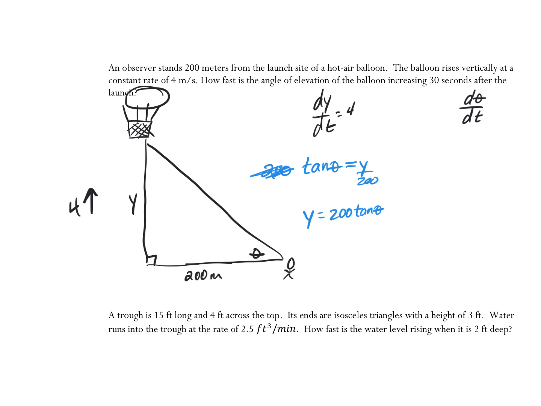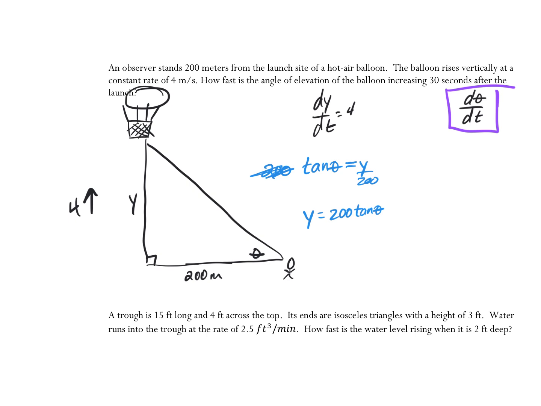In order to find d theta dt, we need a relationship that includes d theta, which means we're going to take the derivative of the function that has a theta in it. Our goal is to find d theta dt, so I need a d theta dt in my equation.